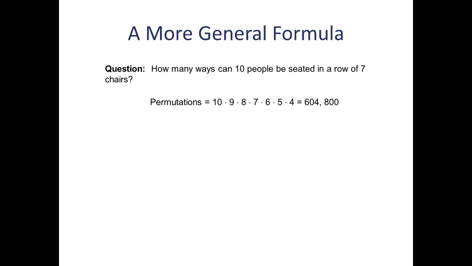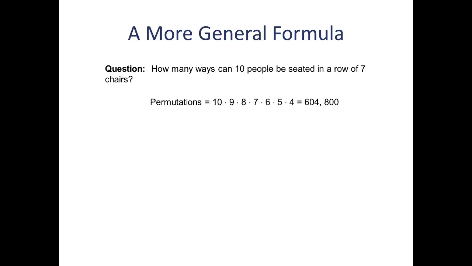Now, when I look at that 10 times 9 times 8 times 7, what I see is the beginning of 10 factorial, but it's missing the end, the 3 times 2 times 1. So suppose I start with 10 times 9 times 8 times 7 times 6 times 5 times 4, and I multiply it by 3 times 2 times 1.